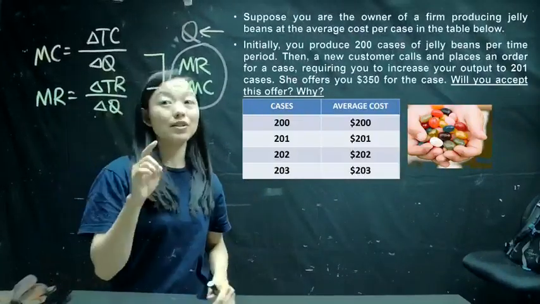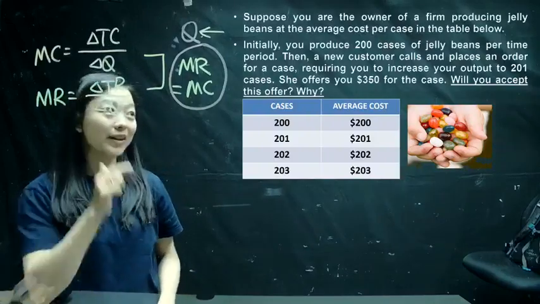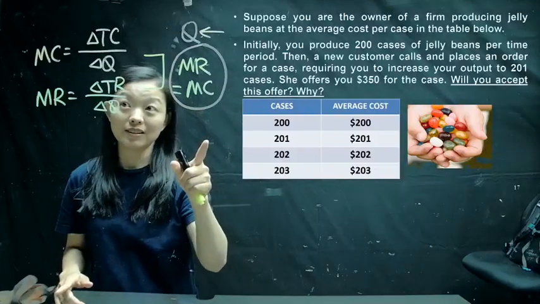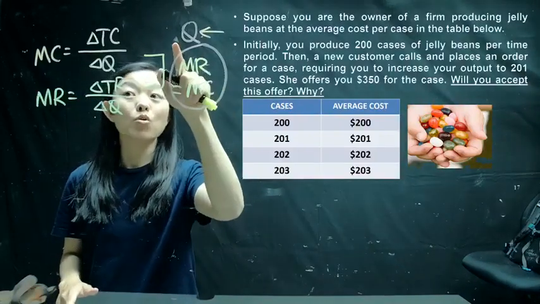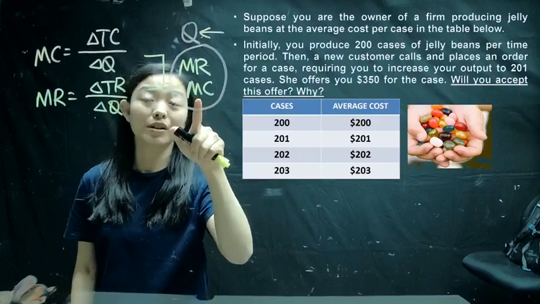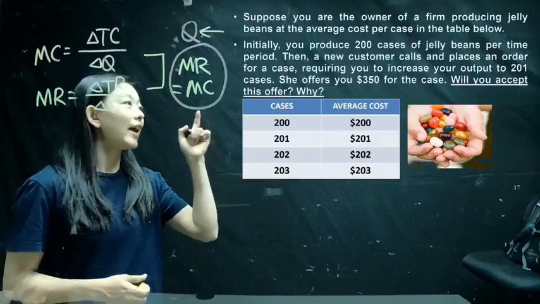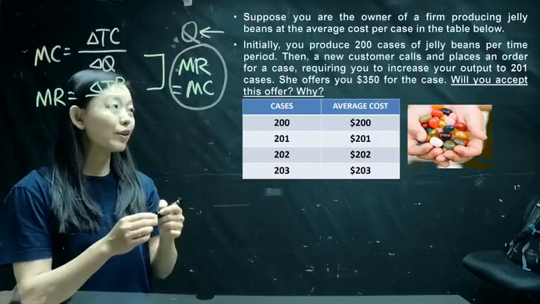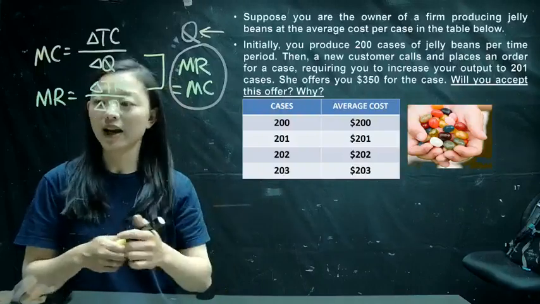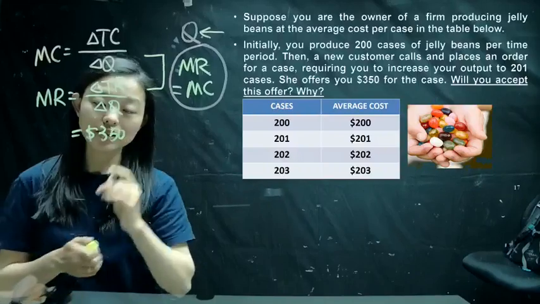So will you accept this offer or not? If your answer is yes, then I will tell you that you will lose money. Why? Do you still remember the way that we made decisions? We will always find a quantity that makes marginal revenue larger than or equal to marginal cost. If this customer offers you $350 for that case, selling one more case brings you marginal revenue equal to 350.